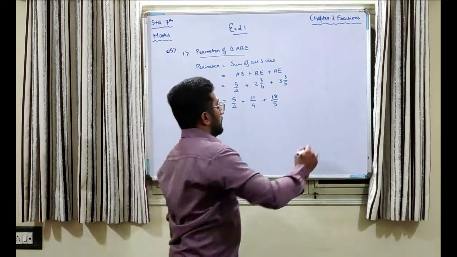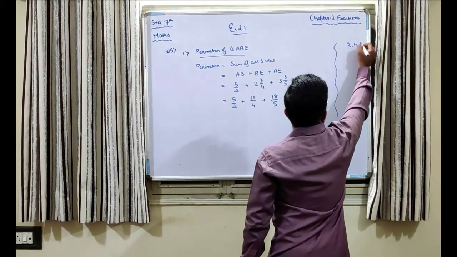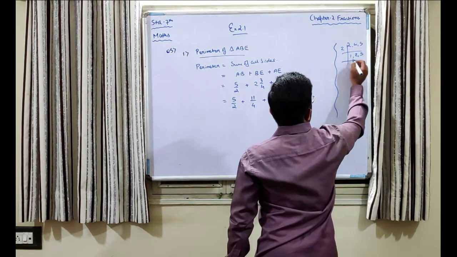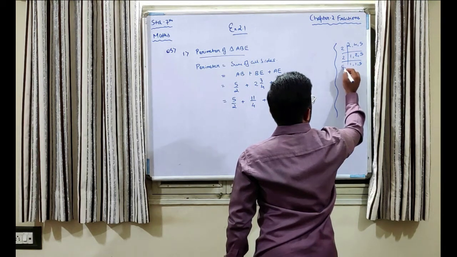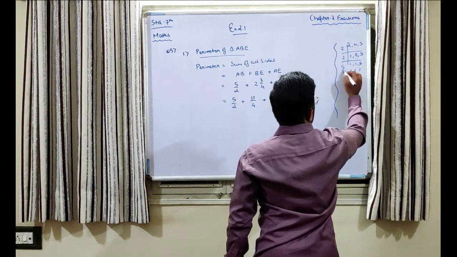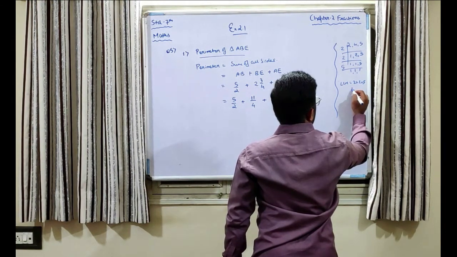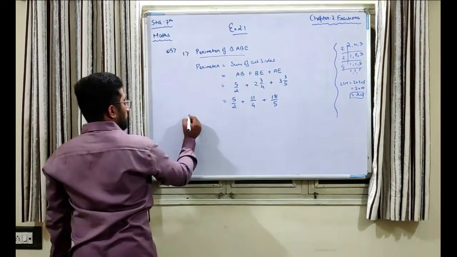Now we'll try to take the LCM of these three numbers, that is 2, 4 and 5. So LCM will be 2 into 2 into 5, that is 2 into 10, answer will be 20. So we'll take the LCM to be 20.